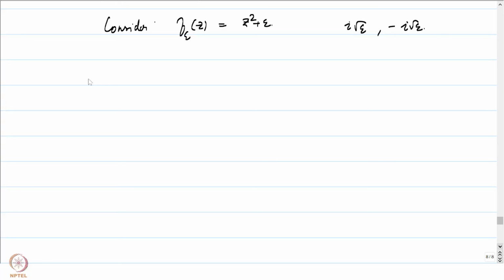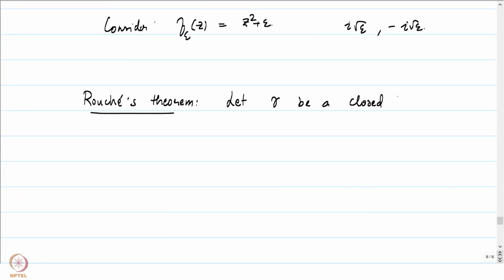Let me write down the theorem and prove it. Rouche's theorem. Let gamma be a closed curve which is null homotopic in omega.